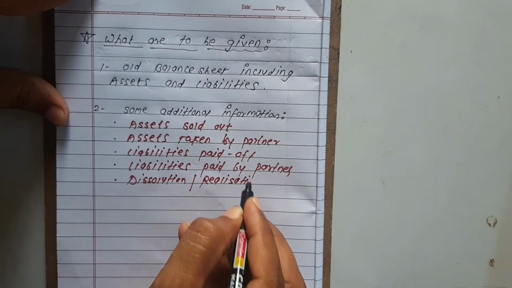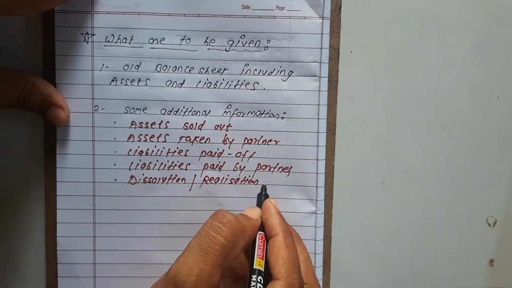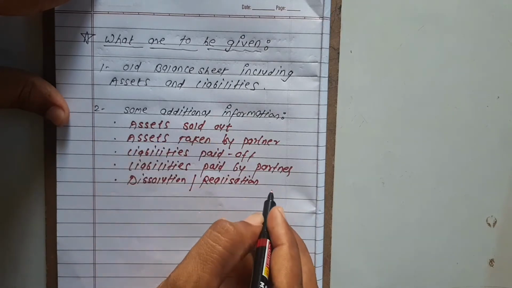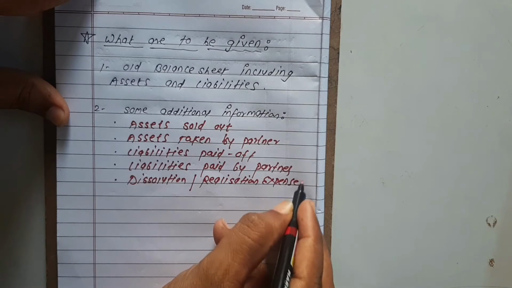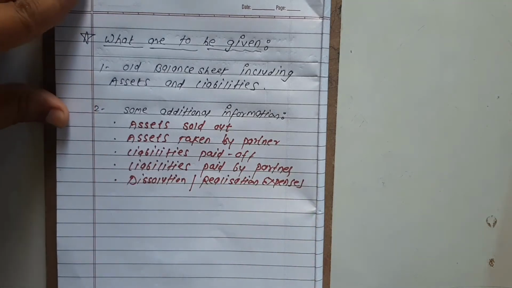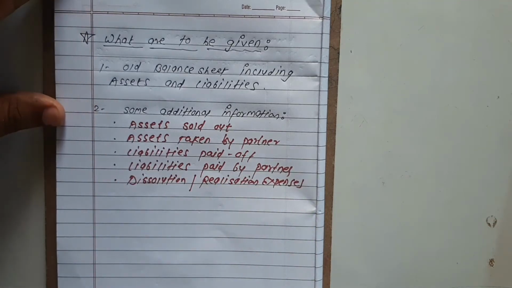So these are the 5 things which will be given in your adjustment or additional information. Okay. Now these are the questions and these are the items which will be given.